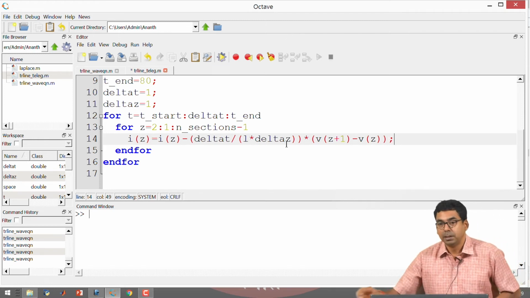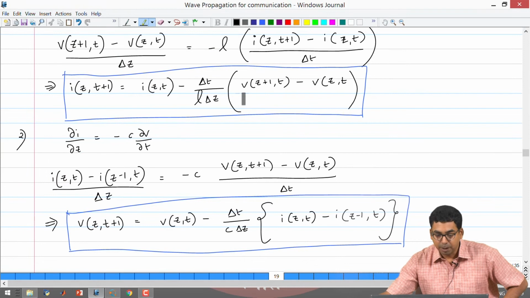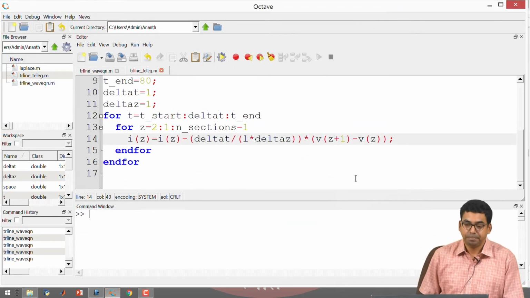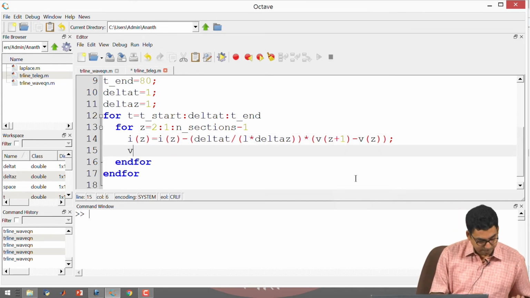This is the equation that we had written down. I just want to make sure it is the same equation that I have written. Okay. So, delta t divided by L delta z V of z plus 1 minus V of z, okay, looks the same. Okay. So, once I have calculated the current in the same time step, I would like to calculate the voltage.